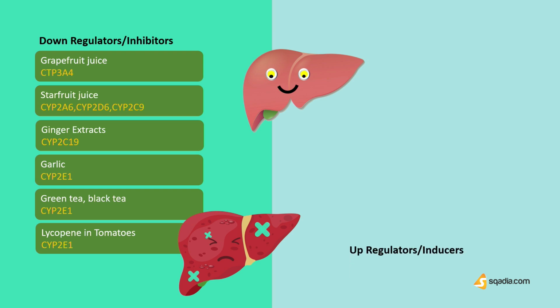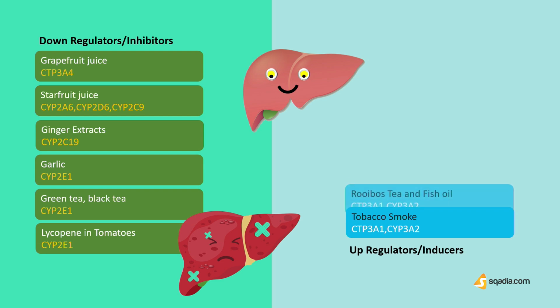The upregulators or inducers include tobacco smoke, which basically induces cytochrome 3A1 or cytochrome 3A2. Rooibos tea and fish oil induce cytochrome 3A1 and cytochrome 3A2.